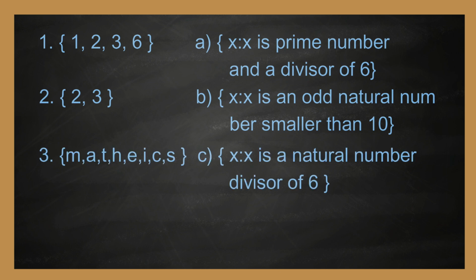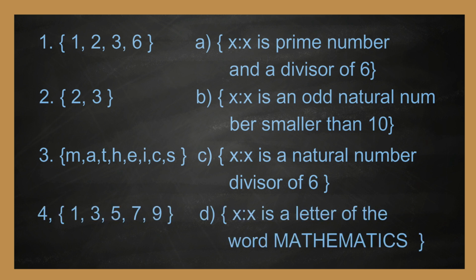Third one, set of M, A, T, H, E, I, C, S. C. X such that x is a natural number and a divisor of 6. Fourth one, set of 1, 3, 5, 7, 9. D. X such that x is a letter of the word mathematics.